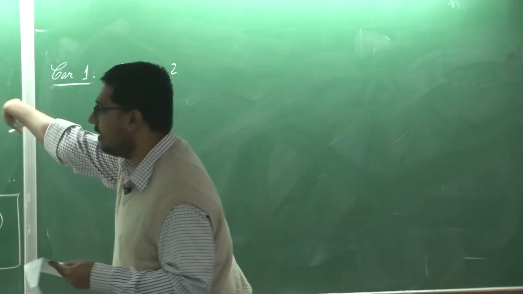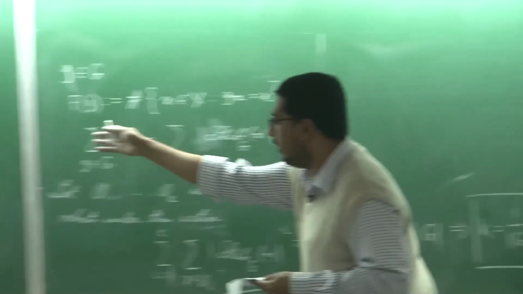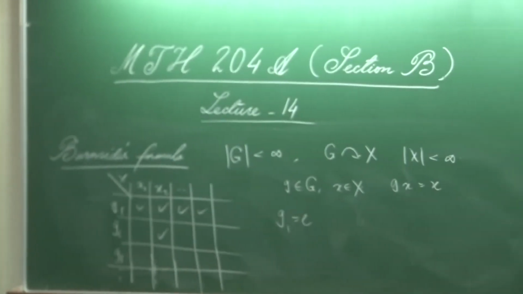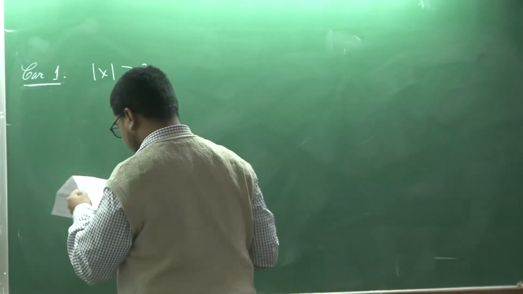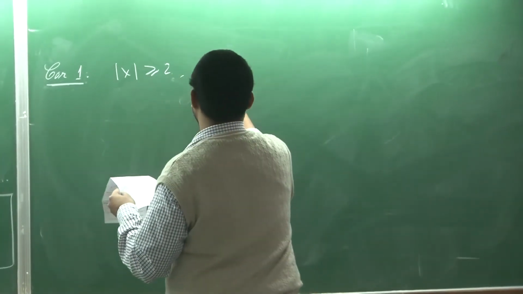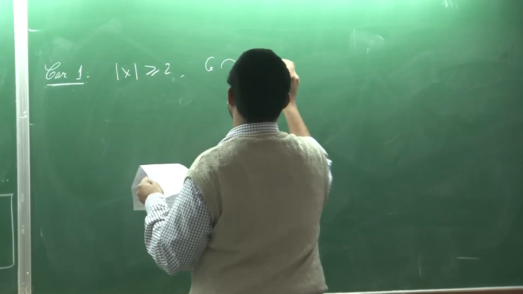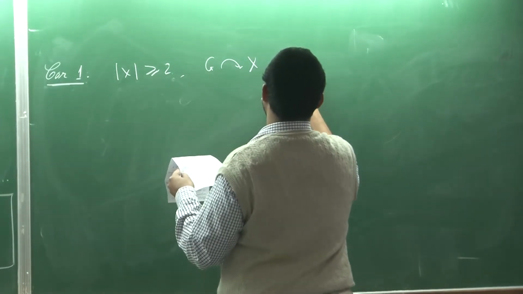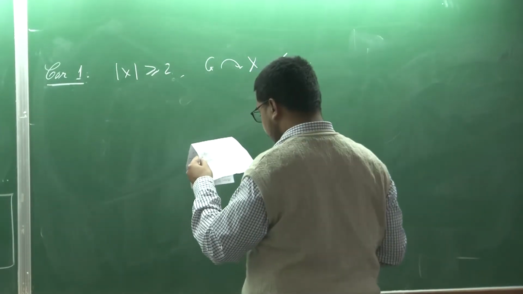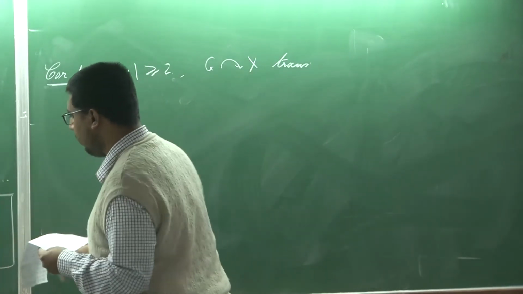So assume the setup is the previous one, otherwise we cannot talk about Burnside's formula. So here the assumption is X is not a singleton, and furthermore the action is transitive. Then what does this formula say?